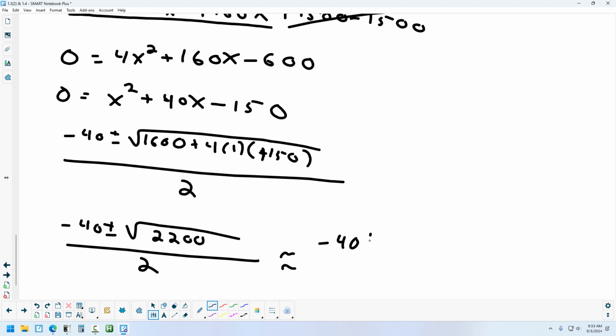Negative 40 plus or minus 46.90, divided by 2. One of these doesn't make sense. Is it the plus or the minus that we don't need anymore? Yeah, because if you have negative 40 and you subtract something from it and divide it by 2, you're going to get a negative answer.